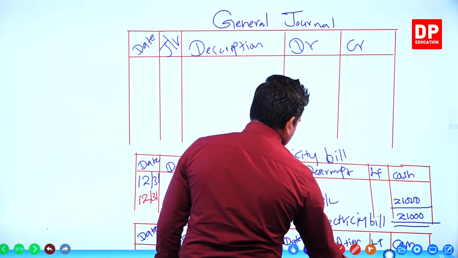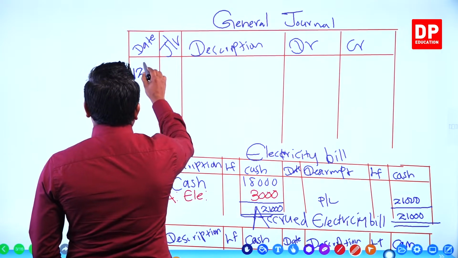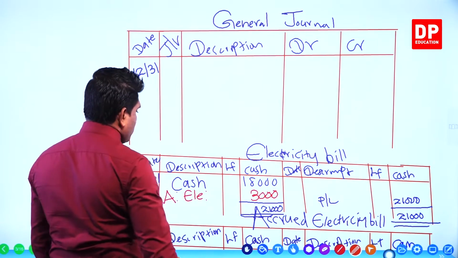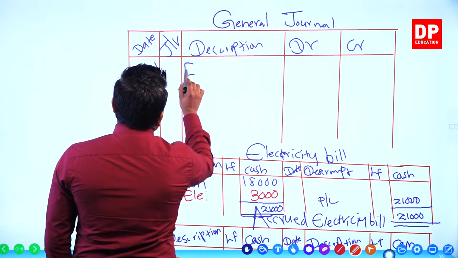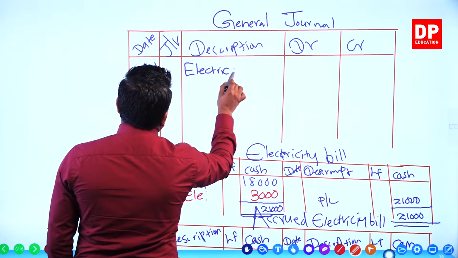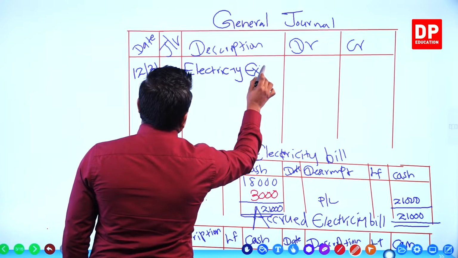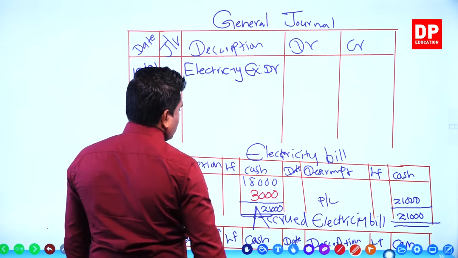General journal, right? There we write only the adjustment entry. How? Electricity expense account debit, how much? 3,000.